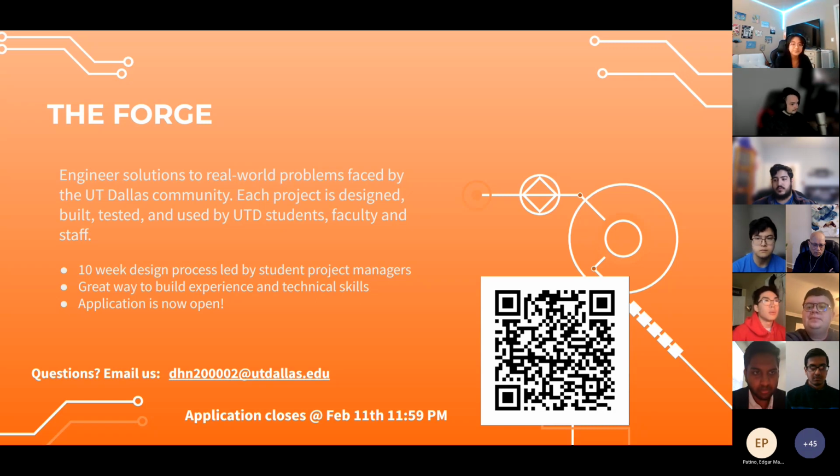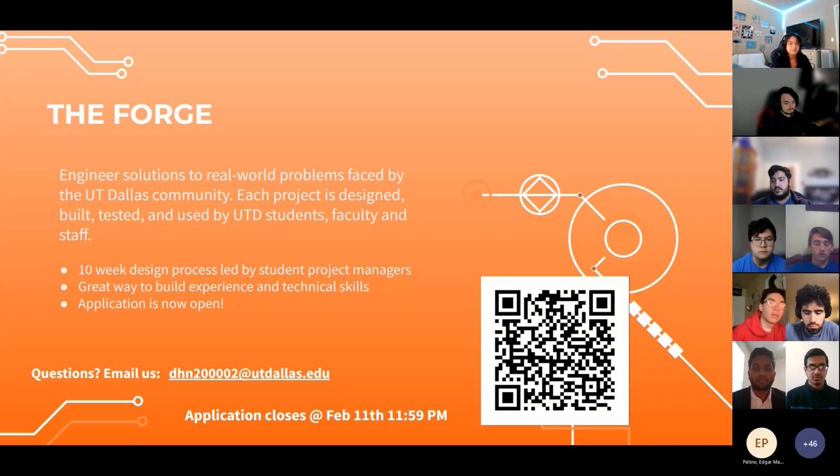Yep. So what the Forge is basically is a subcommittee of IEEE where we'll have 4 projects, and we will open applications for students to apply, and they'll be placed in one of the 4 projects. And this will give them obviously the project experience we want on their resume, but it will also give them the teamwork aspect of working as an engineer, in whatever major they're in.